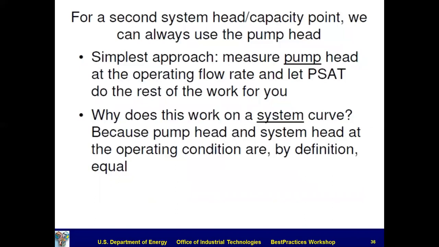So one approach is to measure pump head at the operating flow rate and let PSAT do the rest of the work. That's the head calculator we may have looked at in PSAT. Why does this work? It's because the operating point is at the intersection of the pump and the system curves, which I know we've said a few times.